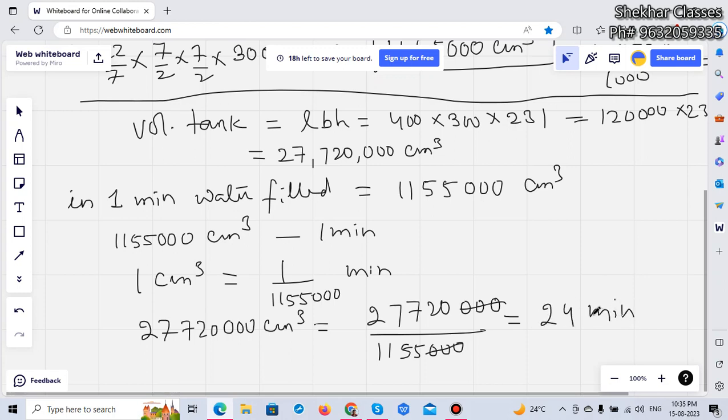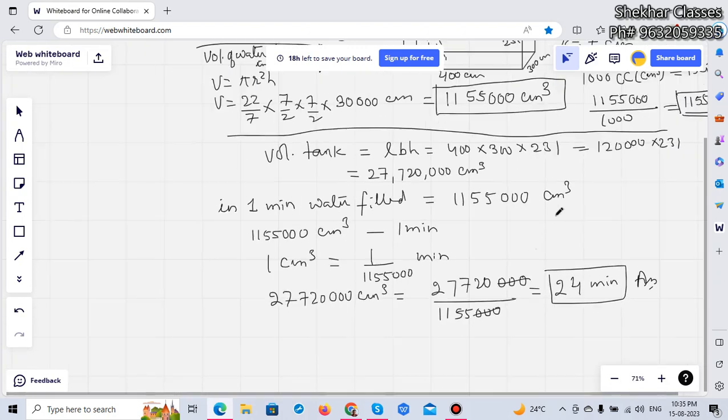Remember the time was in minutes that we had taken earlier, right? So it will give you the answer in minutes also. So it will fill up the entire tank in 24 minutes, and this is the answer here.